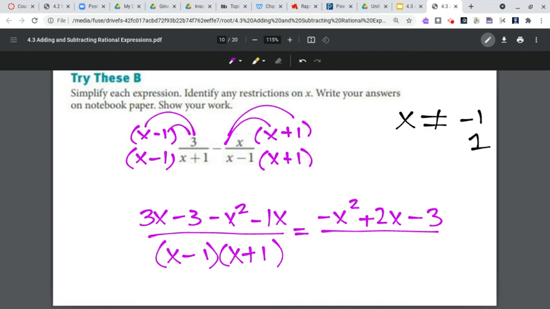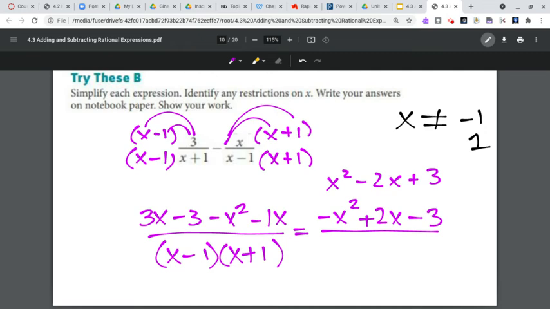Okay. Now, I'm going to go one step further to see if I can factor the top. If I first divide everything by a -1, that would give me x squared minus 2x plus 3. And I know there are not two numbers that multiply to give you a +3 and add to give you a -2. It's not possible. So there's no way to factor the numerator.